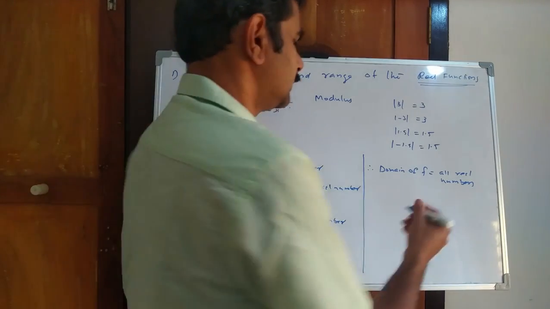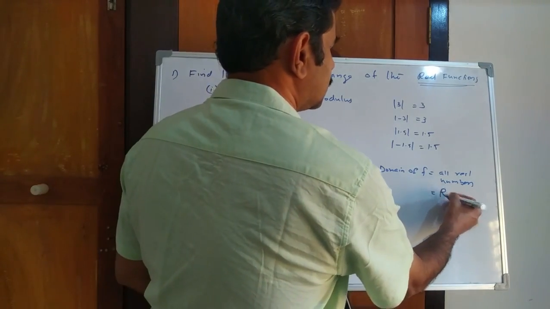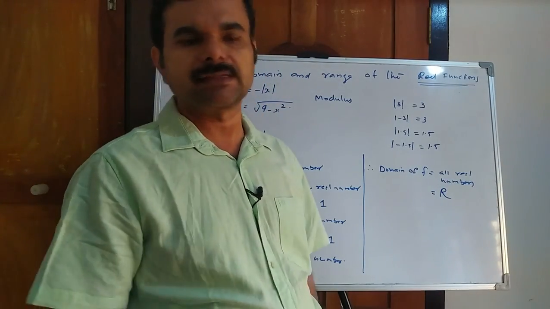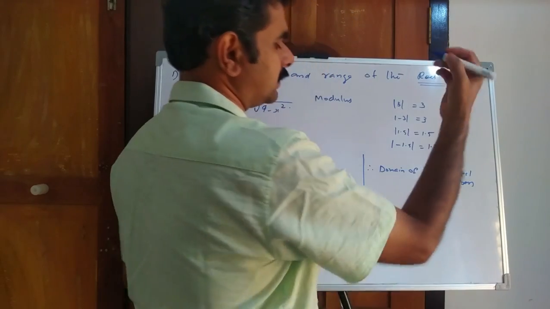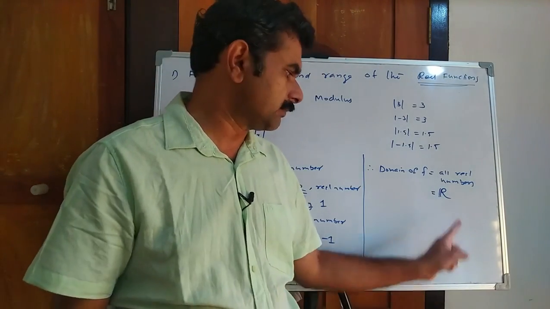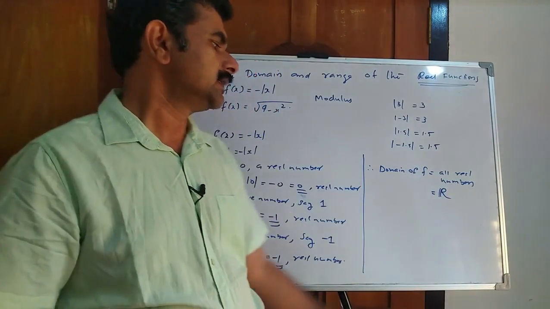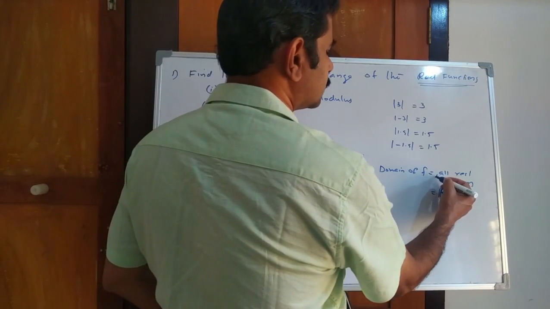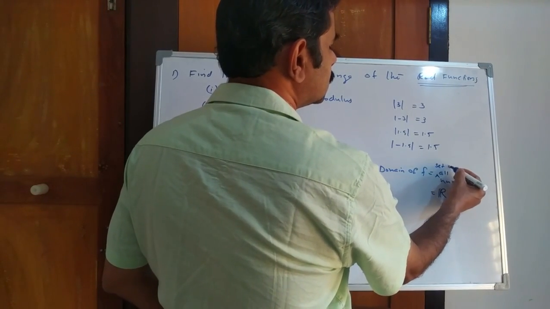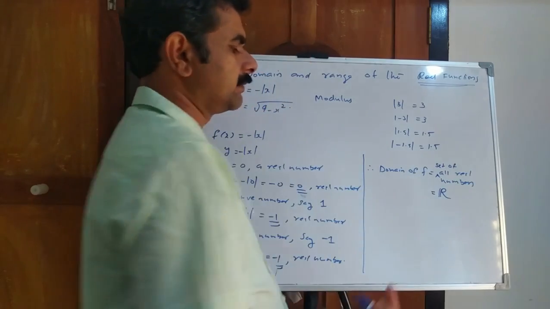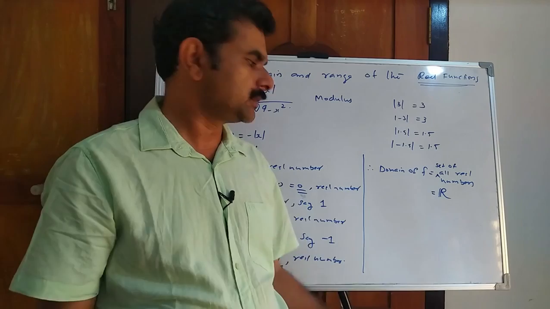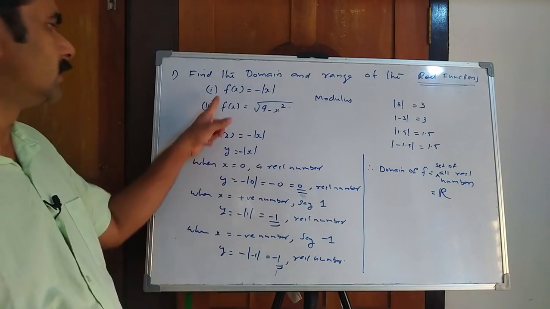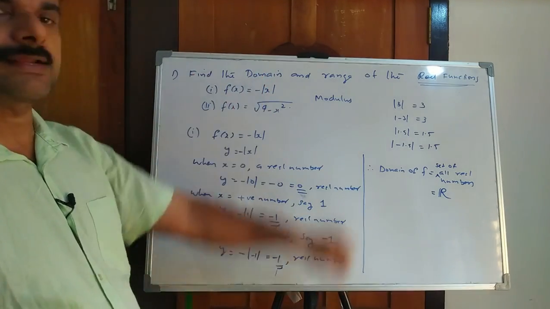To be more clear, we can write it as R, the set of real numbers, or the set of all real numbers. The set of all real numbers is denoted by script R. So that is the domain of this function.